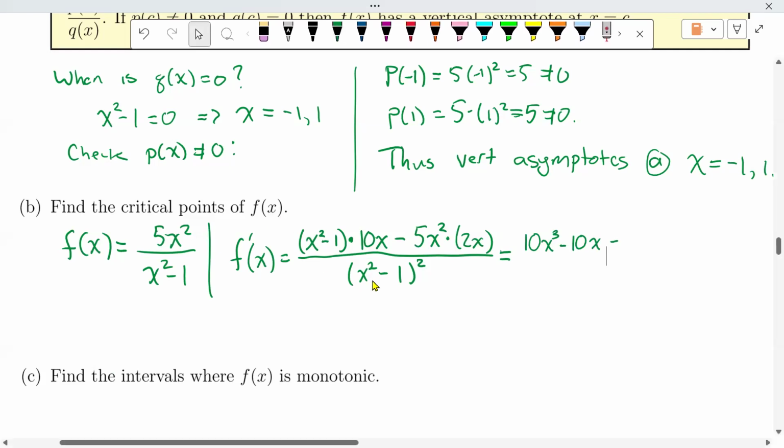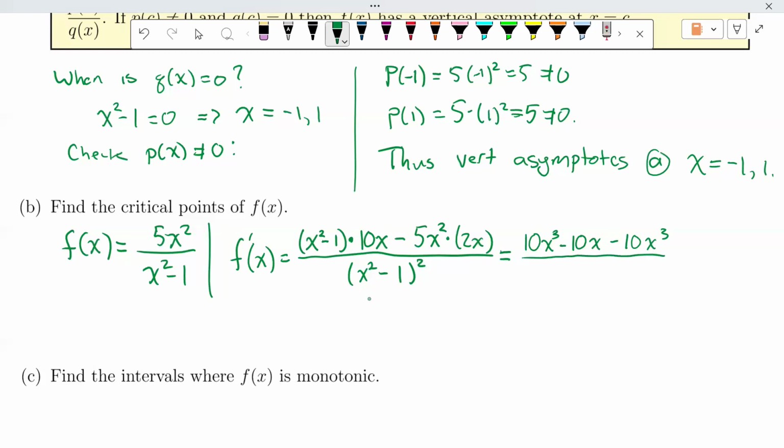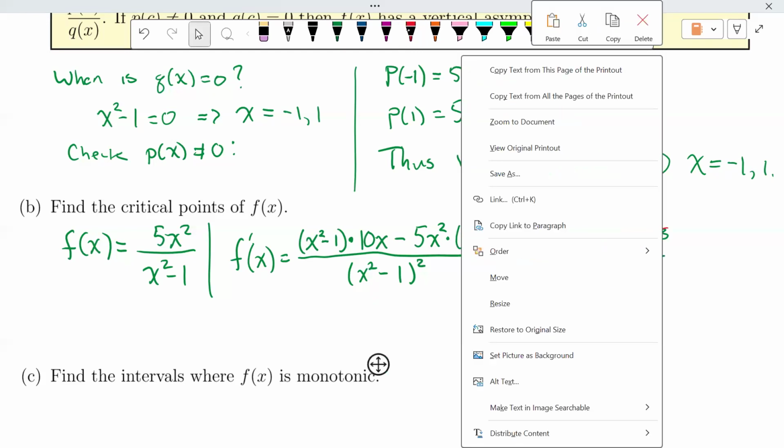Meanwhile, here, I'll have a minus 5x squared times 2x. That'll be a minus 10x cubed here. And when you look at it, it's not that bad, is it? Something special happens. You get the 10x cubes to cancel each other out.